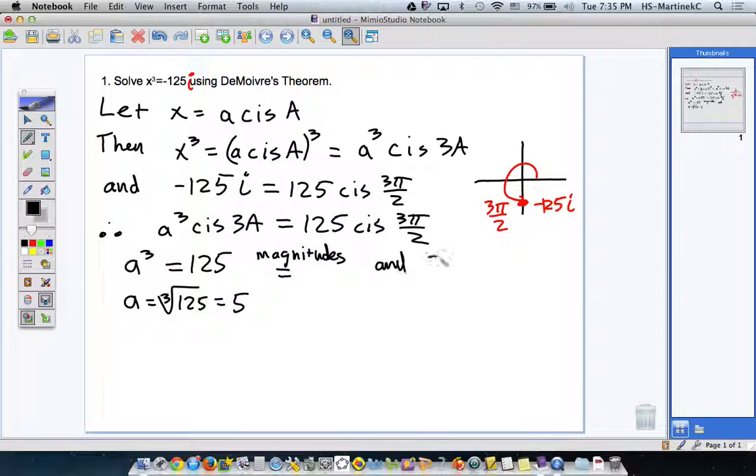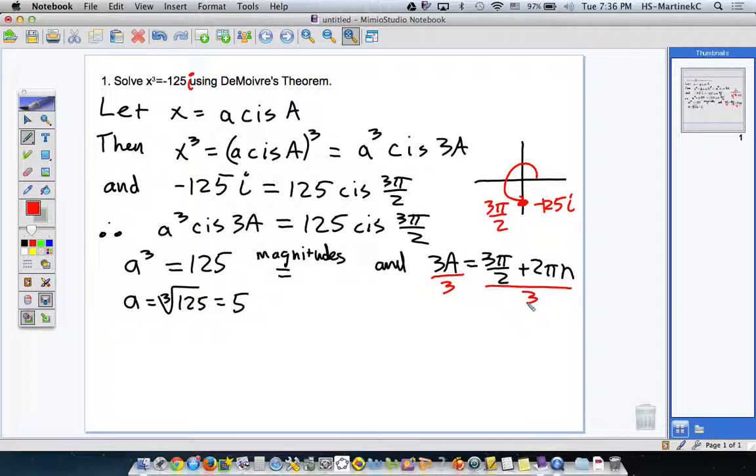And then the angles are equal or some multiple of 2 pi n apart, meaning their angles are either the same or they are just a multiple times around the circle of each other. Okay, so if we look at this, we want to get the capital A by itself, so I'm just going to divide both sides by 3.